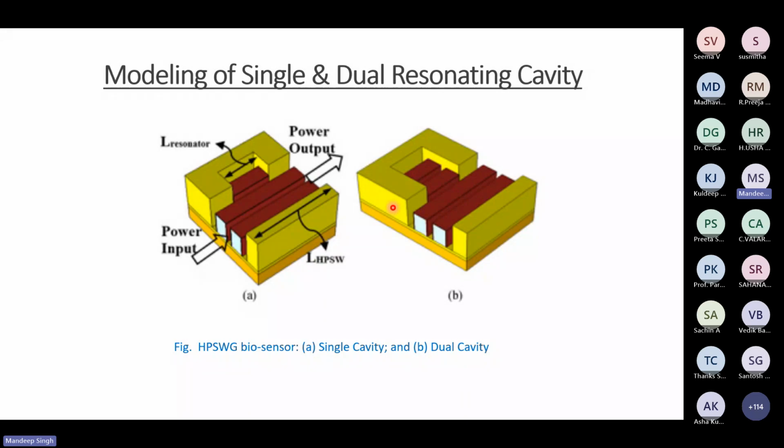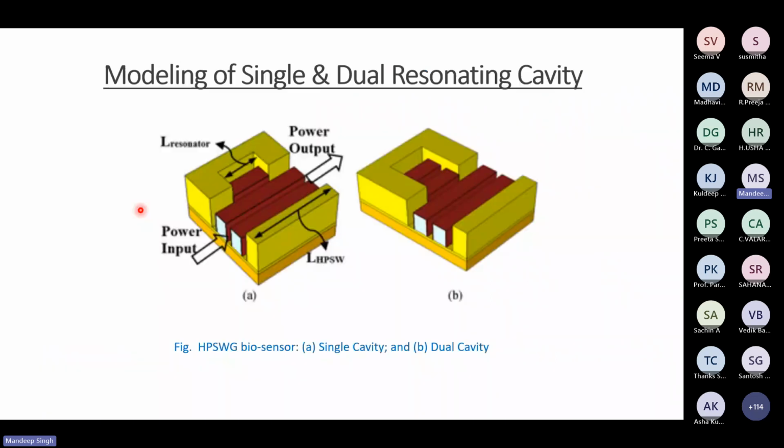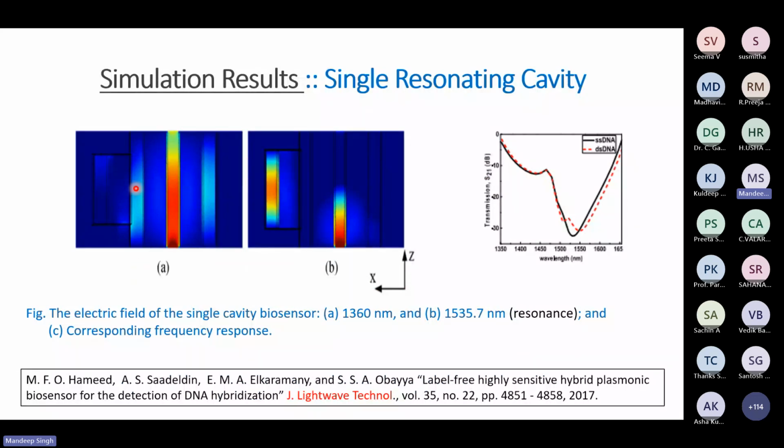Again, first let's focus on the single resonance cavity structure. As I told, they are using a single slot region here for this single cavity. Once you simulate, these are the top views A and B. If you see this electric field profile for the biosensor, as I told, we have to use a wide band: 1500 to 1600, or even if the dip is there, we can start from 1350 to 1650.